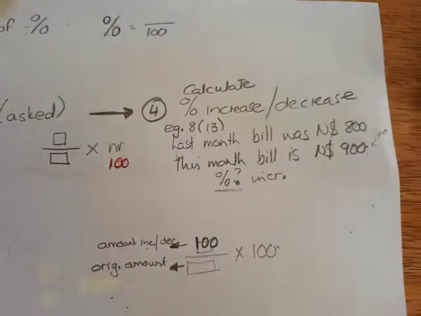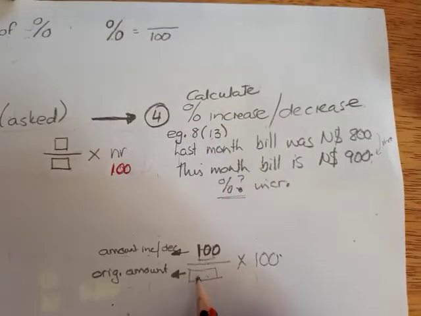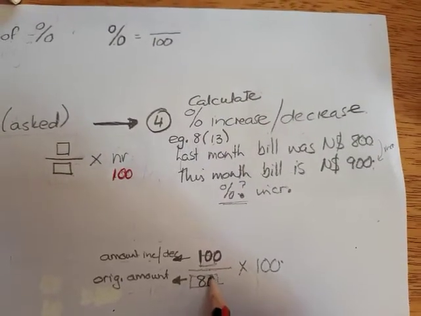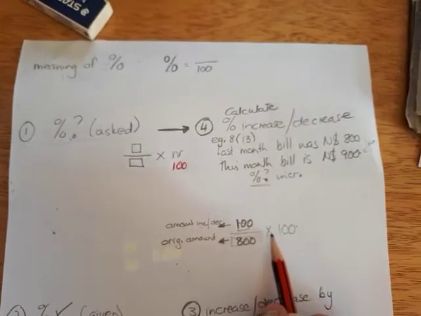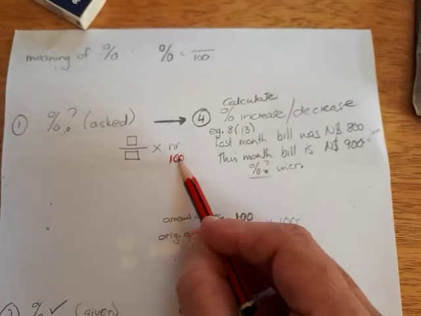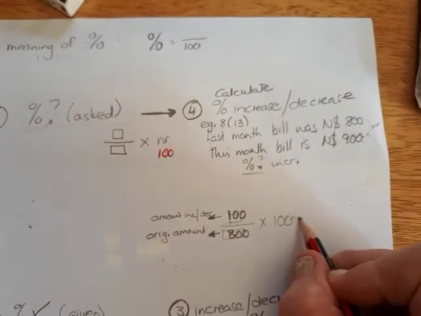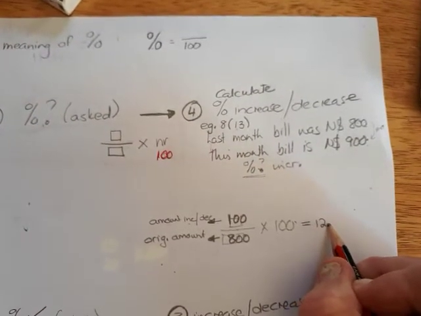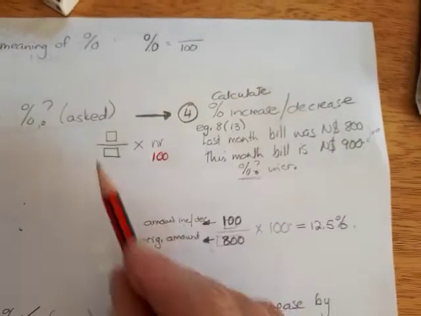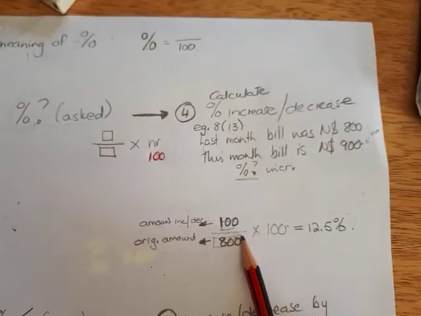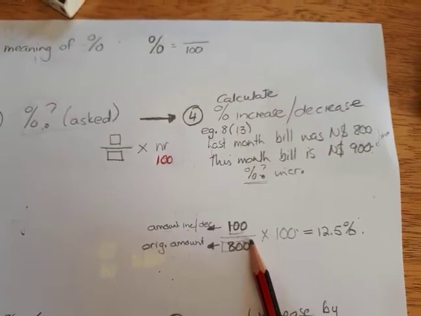So what is the original, the first? The first is the 800. So this is 100 out of 800 times 100, because you have to calculate a percentage, and that gives you 12.5%.